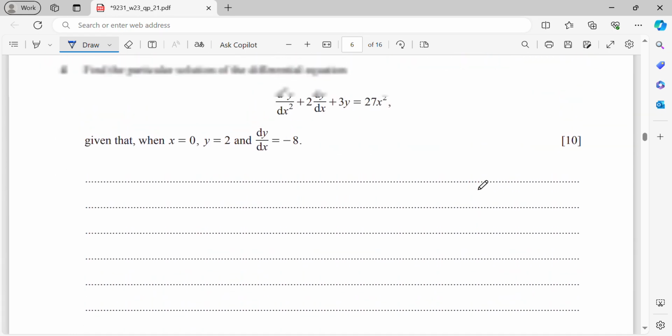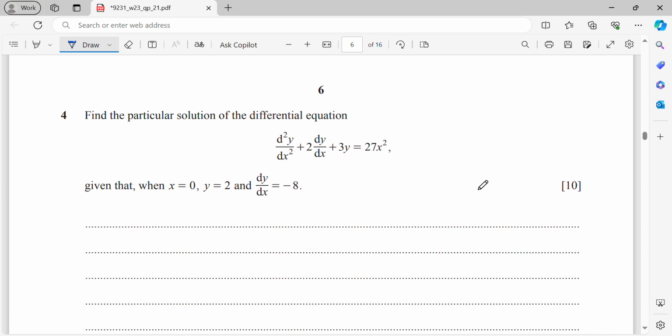Okay, now let's move on to question number 4. Find the particular solution of this differential equation given that when x goes to 0, y is 2 and dy/dx is minus 8. So from here, I will rewrite the differential equation first.